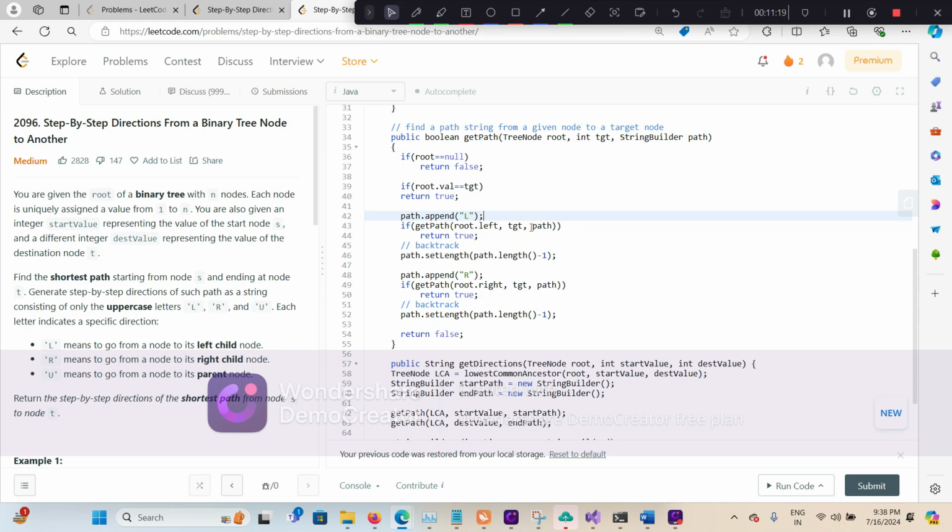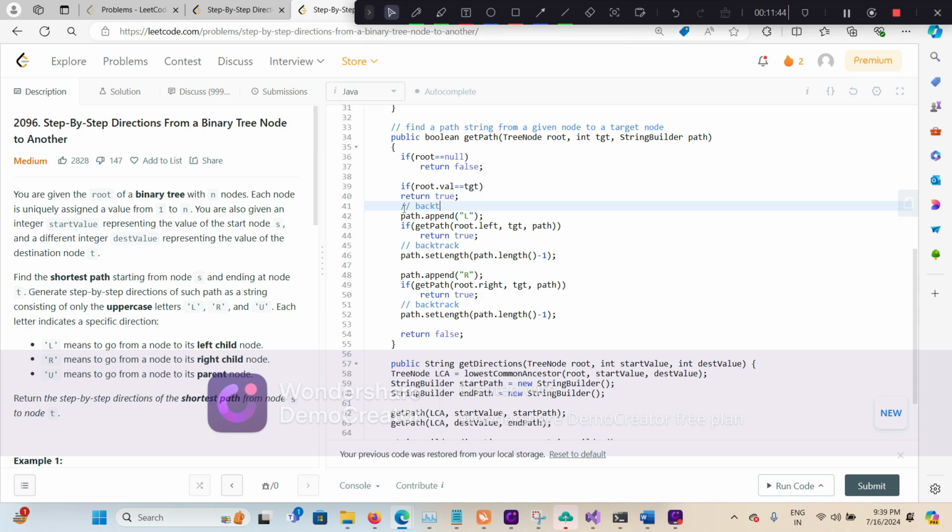Then we check whether this is leading to true or false, whether we have reached the tgt or not. Again we are calling the recursive function. If this is true, then we return. If this is not true, we have to undo this step. This would be the backtrack.